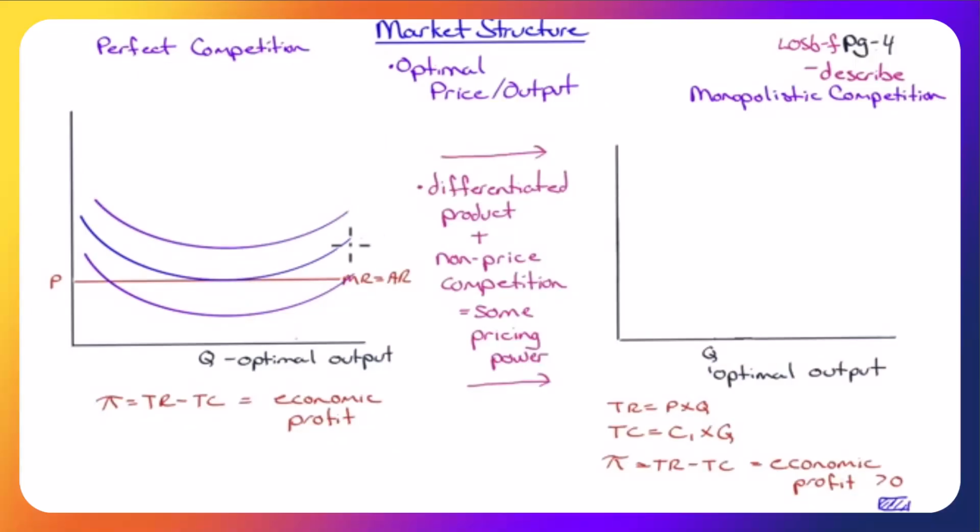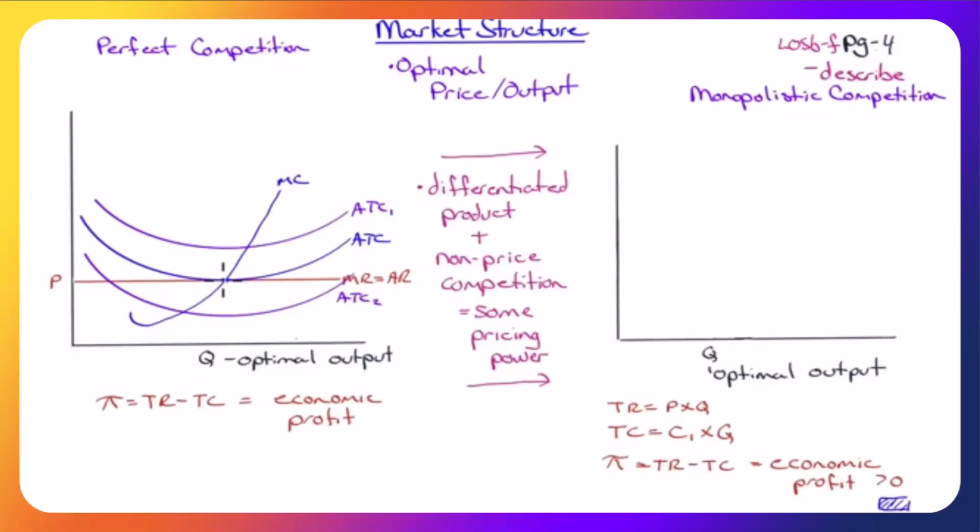So we'll label this one ATC, and our bottom one we'll label ATC1, ATC2. And we're going to have to draw out three marginal cost curves, but the first one we'll use the first ATC curve we drew out. We know that our marginal cost curve intersects the average total cost curve at a minimum.